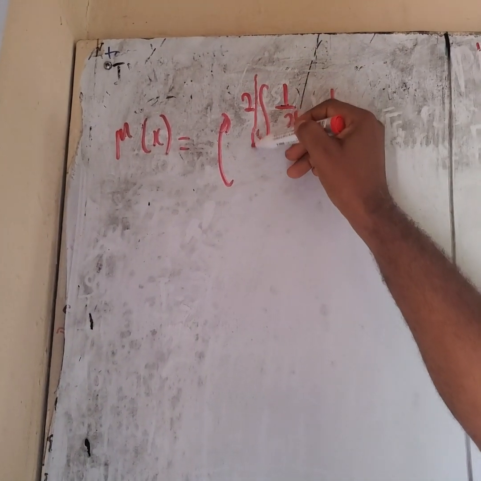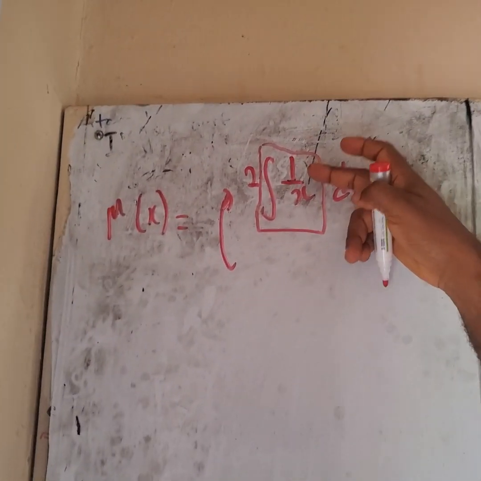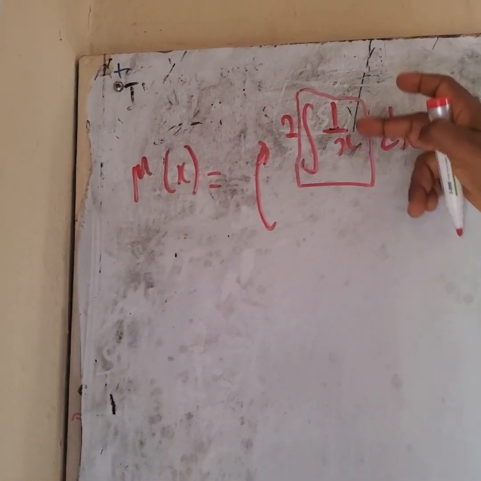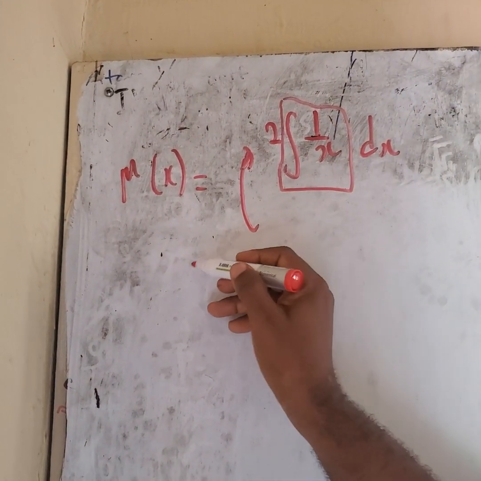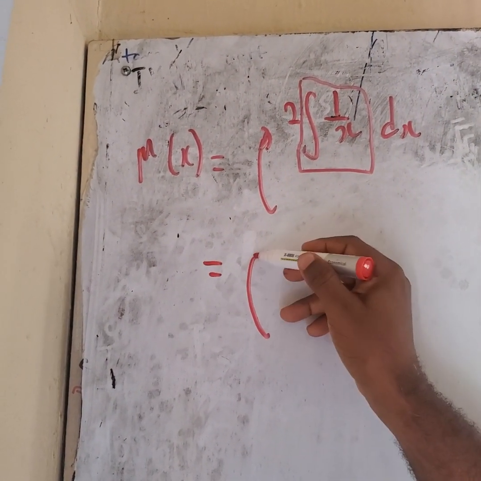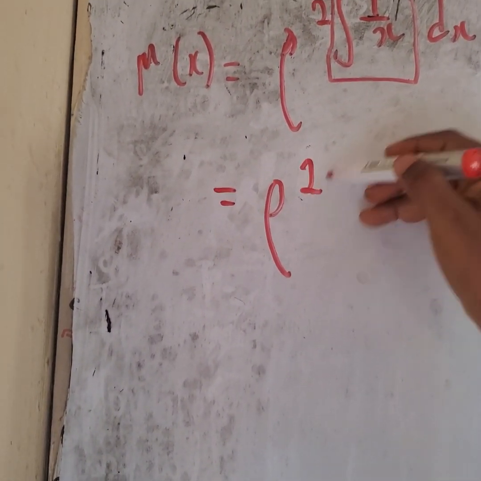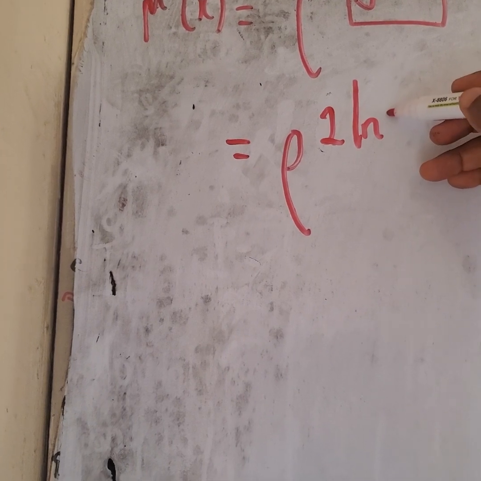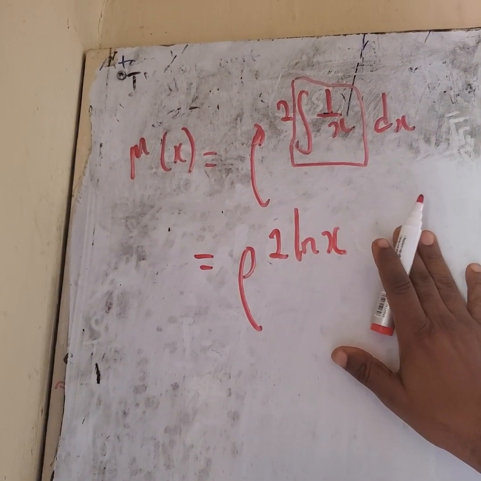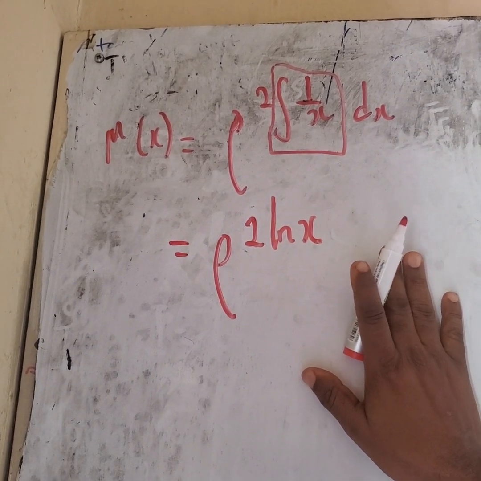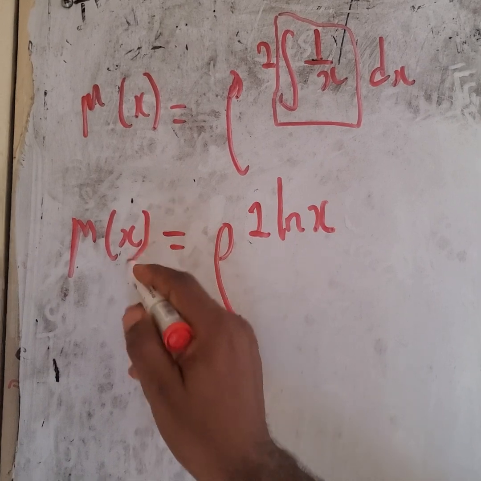Now, from standard integration, the integral of an expression of this nature is the natural logarithm. So this can be simplified as e raised to power 2 ln x. The constant of integration, I do not want to put it, and there is a reason for that.